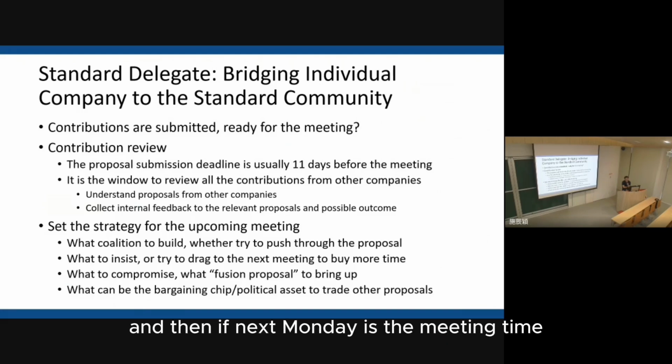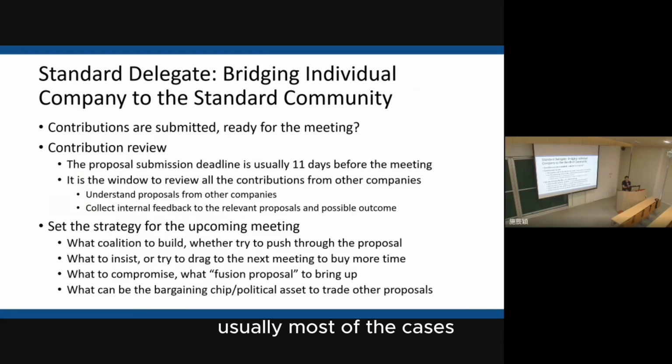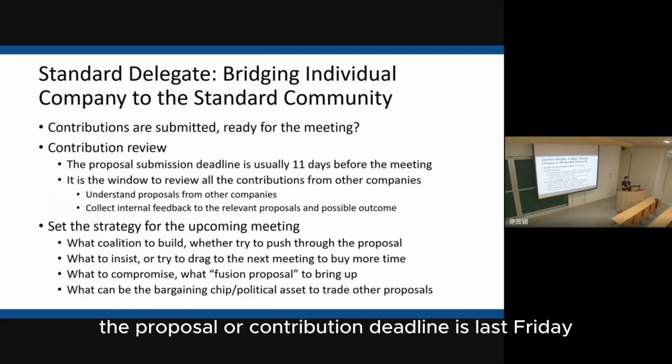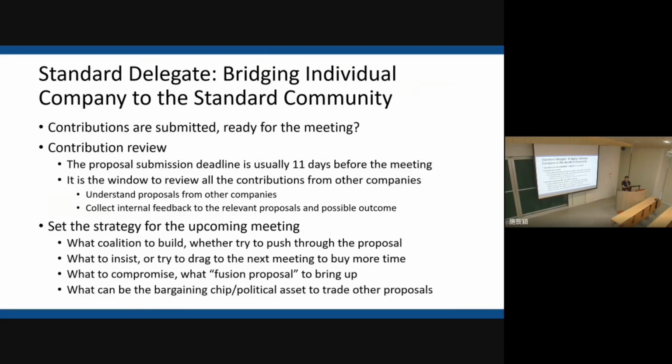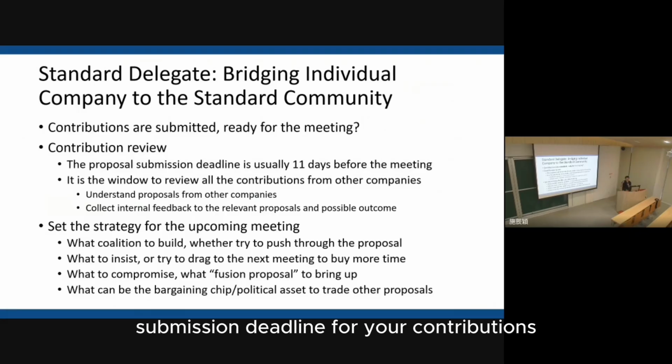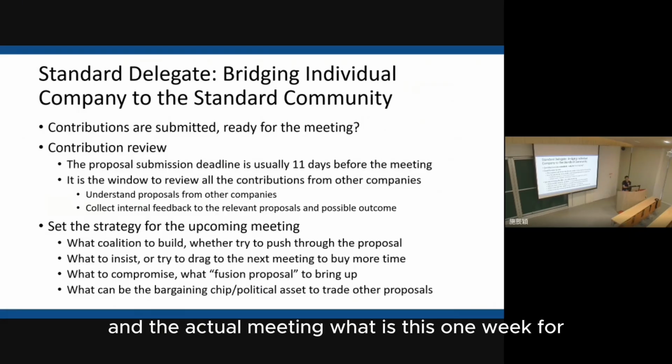And if next Monday is the meeting time, in most cases the proposal or contribution deadline is last Friday. And you may ask why we need to have a week between the submission deadline for your contributions and the actual meeting. What is this 1 week for?